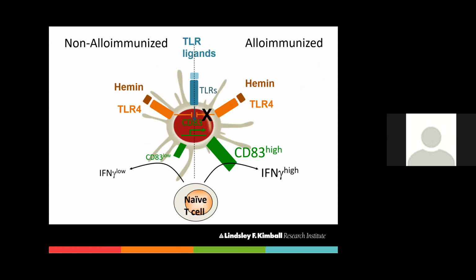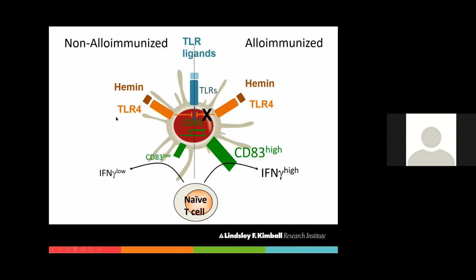So this is our model of what we think is going on based on the data. Usually during maturation of a dendritic cell, there's a signal through toll-like receptor ligands that goes all the way to CD83, saying get matured, and then CD83 gets expressed, and now the naive T cell is able to become a Th1.